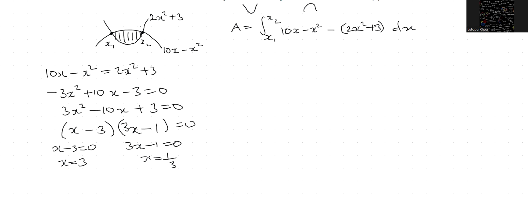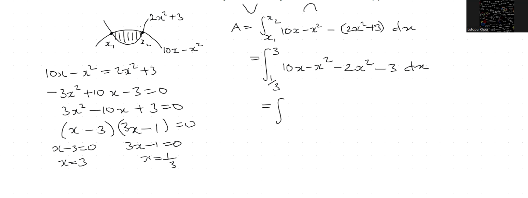So now we integrate from the smaller one, so it's 1 over 3 to 3. Then we have 10x minus x squared, then minus 2x squared minus 3 dx. Integral from 1 over 3 to 3. Then we have minus 3x squared plus 10x minus 3 dx.